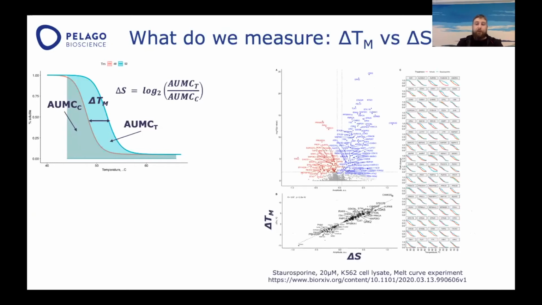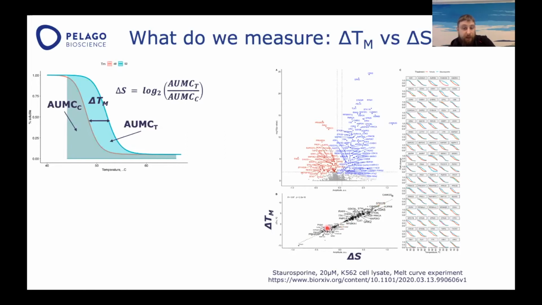And we took staurosporine as an example, a promiscuous kinase inhibitor, and we applied two methods. One classic method measuring the melting temperature and the difference between them, and another one measuring the areas under the melting curves and calculating this delta S value. And what we found out is that they correlate pretty well.